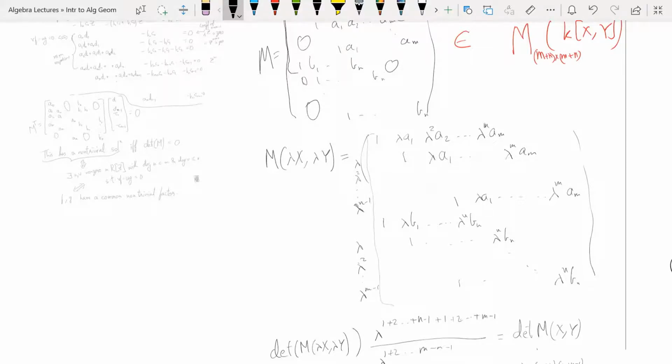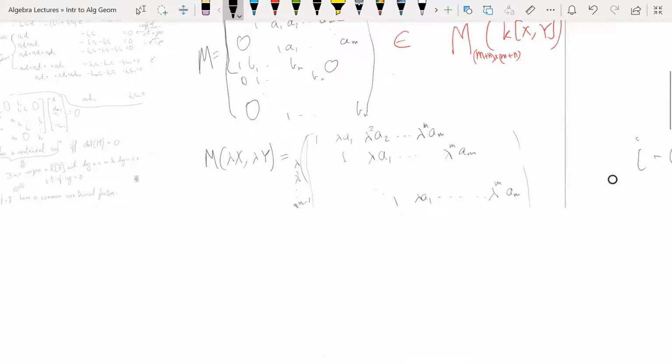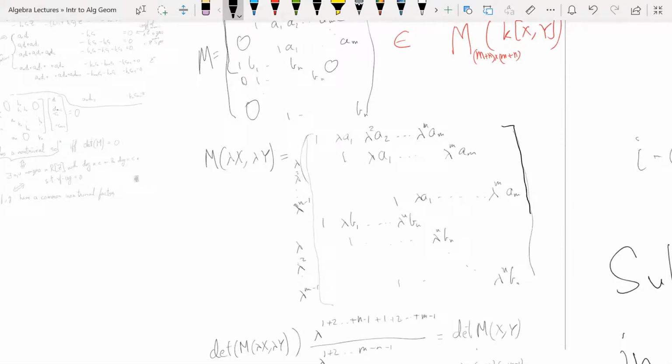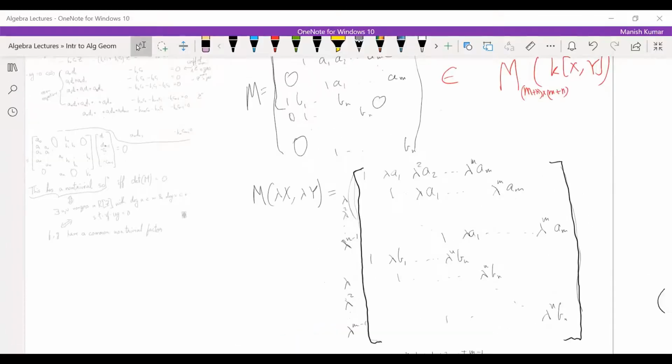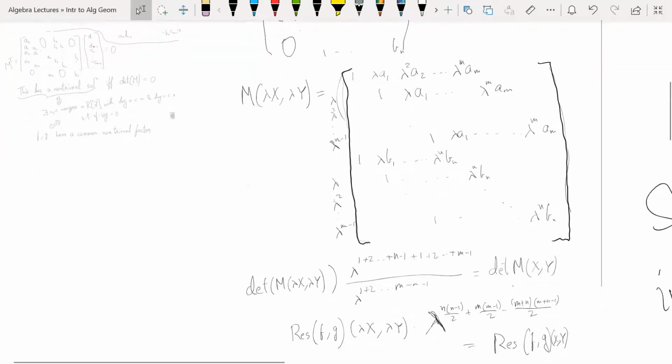It looks something like this. This is how we will multiply each of these rows.